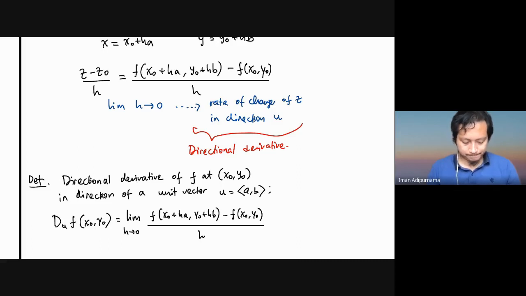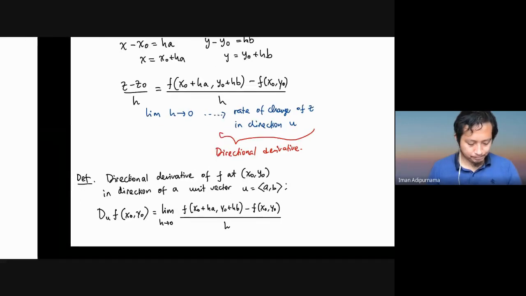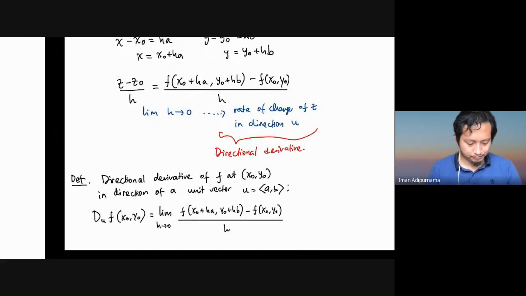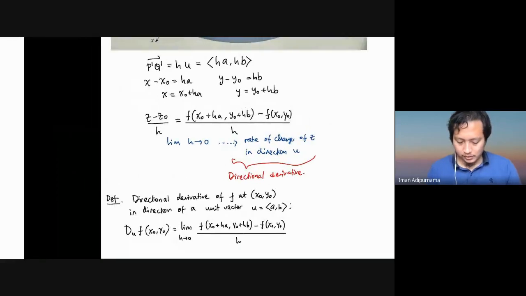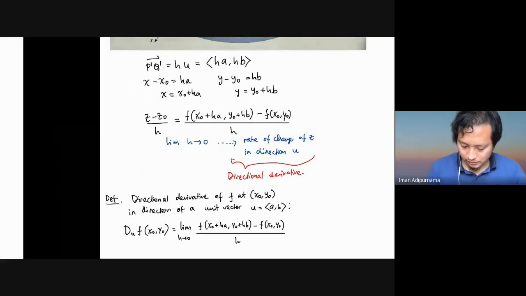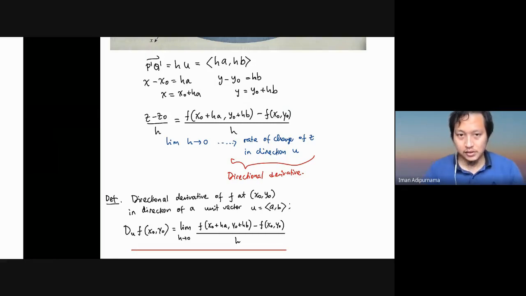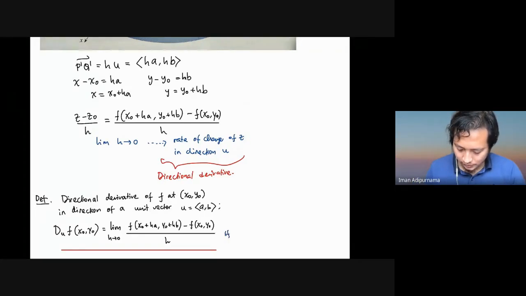This is the definition, if the limit exists.